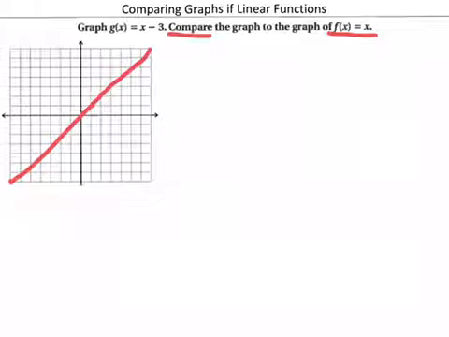Now I'm going to graph g of x, and I'm going to do this in blue. So when I go down and graph this function, you see that it's a little different. So when I compare it, we have to say certain things about the graphs.